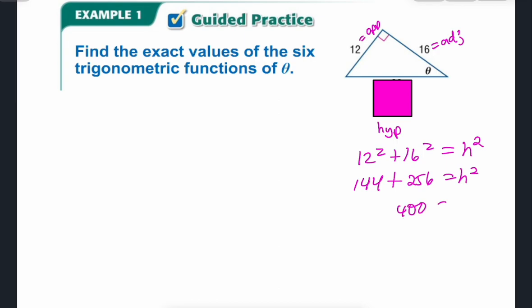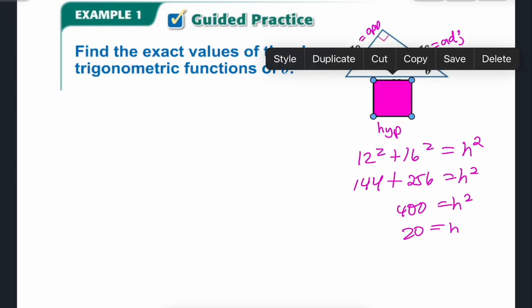That's 400. So h is going to be 20. Now, again, when we square root, we may have to eventually care about the plus or minus. At this point, it's a side of a triangle. It is a positive value. So now we know our hypotenuse.